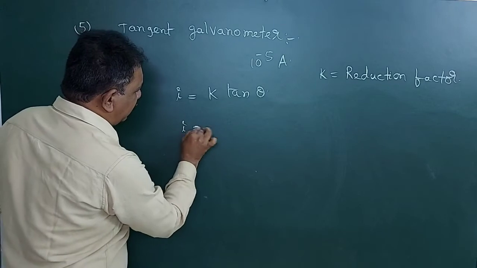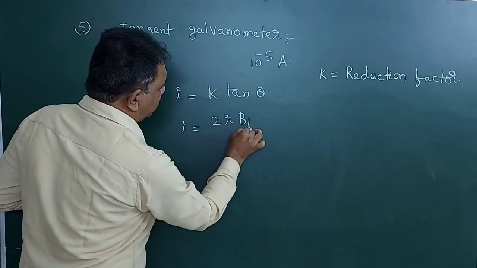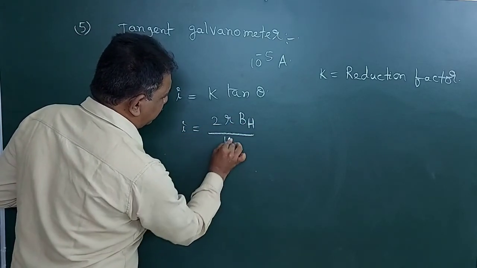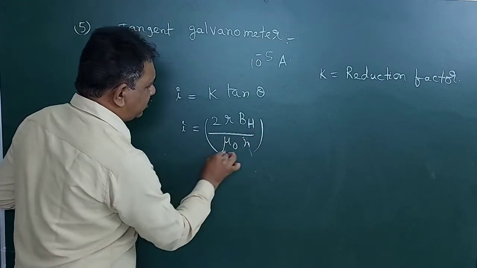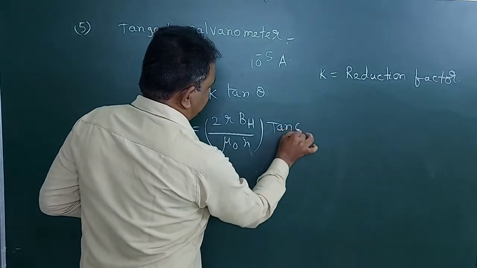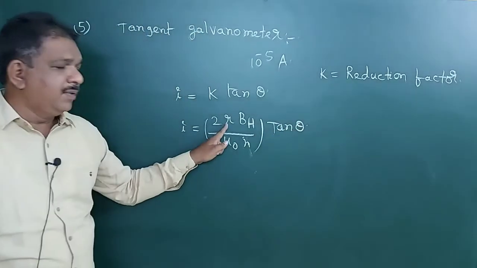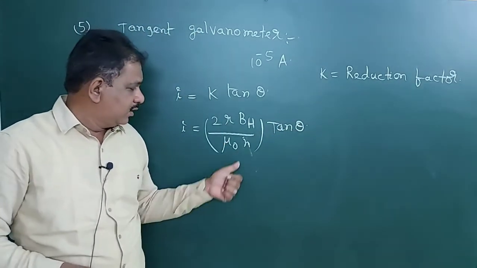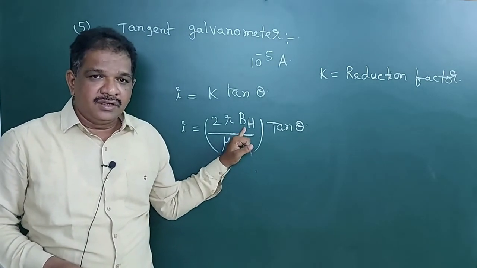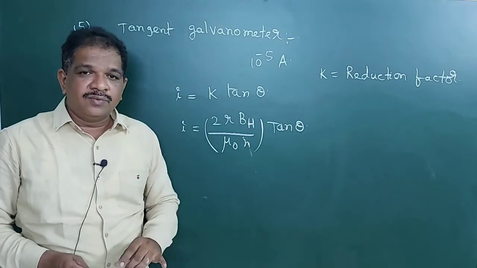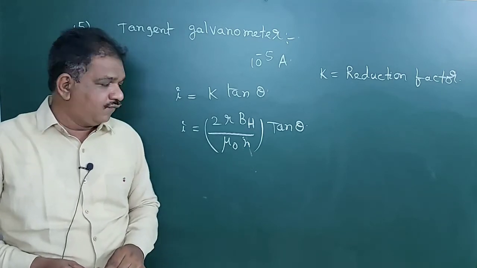This K value will be 2RBH by mu naught N, and I = K tan theta, where R will be the radius of the coil, N will be the number of turns, BH will be the horizontal component of Earth's magnetic field.